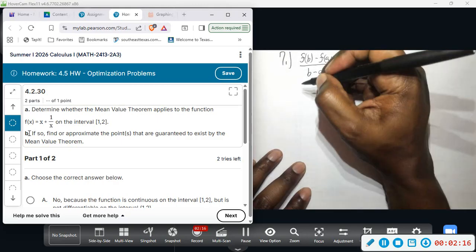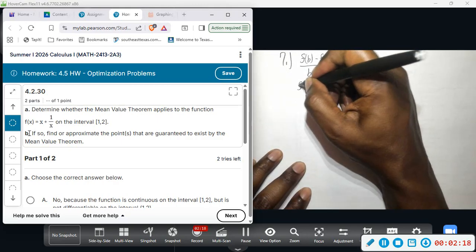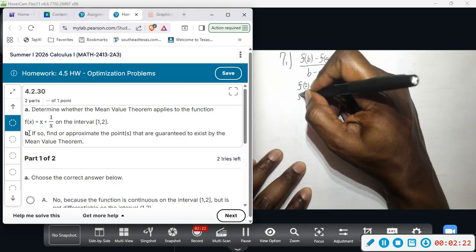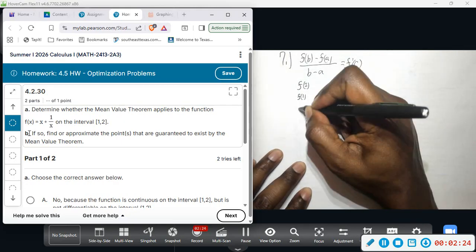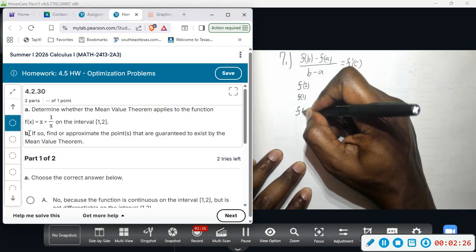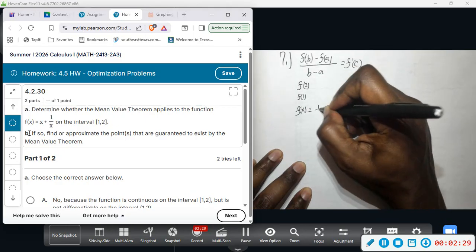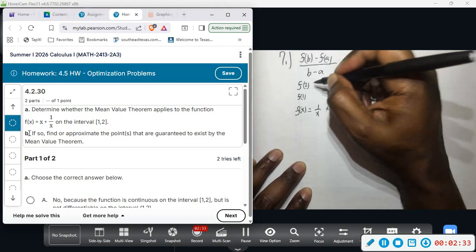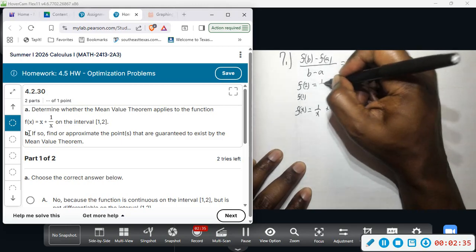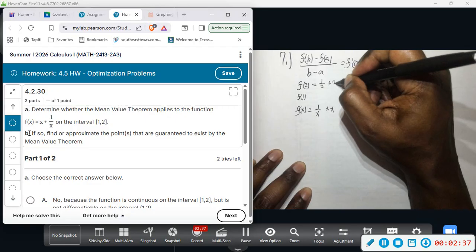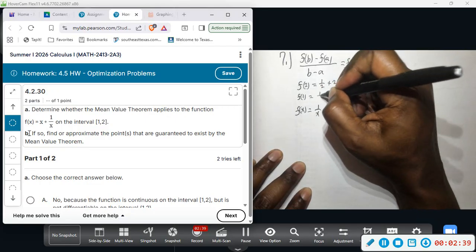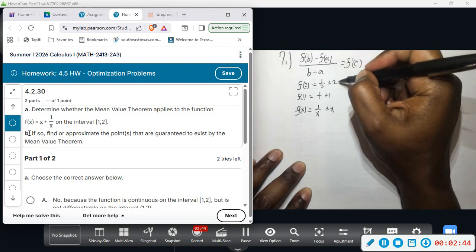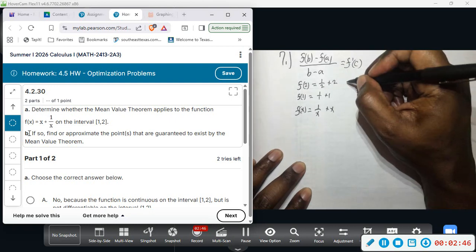So we are going to find f of 2, f of 1, and the derivative. So we have f of x is 1 over x plus x. Let's evaluate all these. f of 2 will be 1 over 2 plus 2, and f of 1 will be 1 over 1 plus 1.